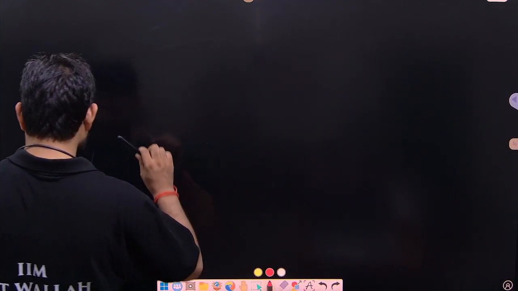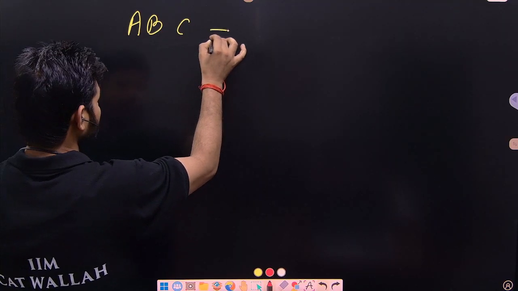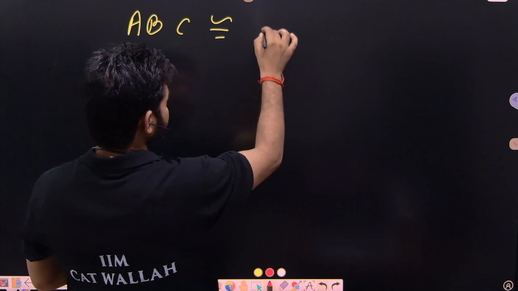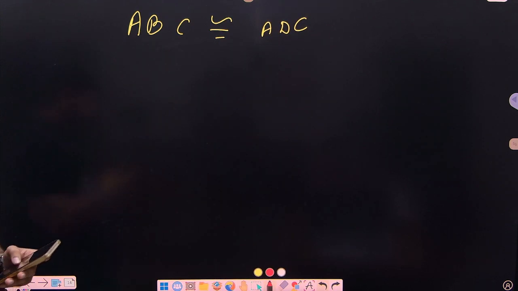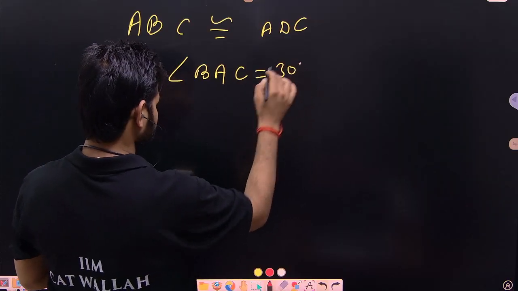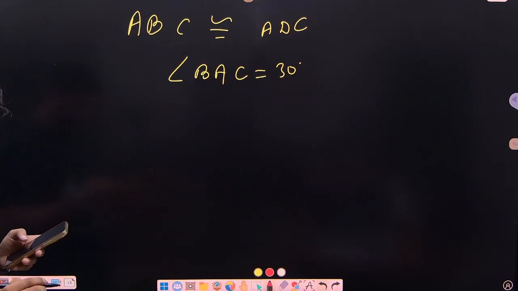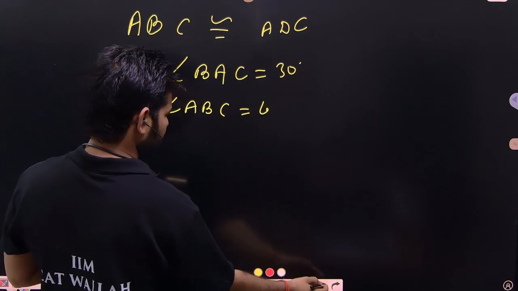In the figure, triangle ABC is congruent to triangle ADC. We have been given the figure, and angle BAC is 30, angle ABC is 100.